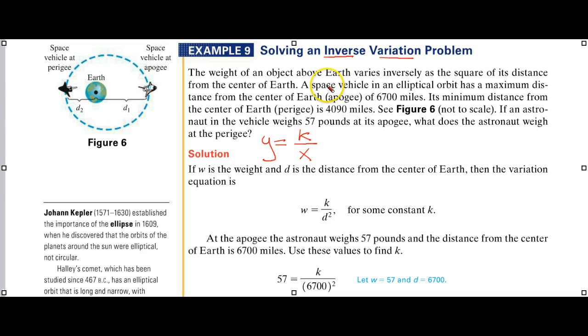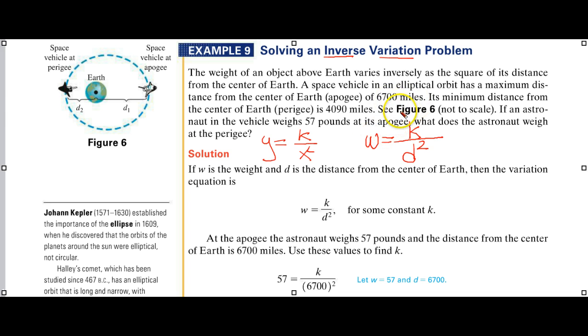And here they're talking about the weight of a person varies inversely to the square of the distance. So in a sense, this would be an x squared here. But we're going to go weight of a person. Now our k stays the same. And then this is distance squared.